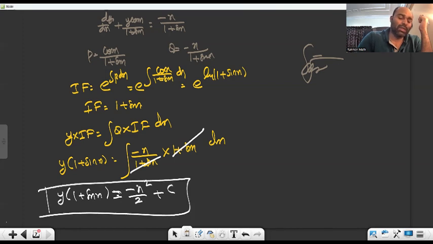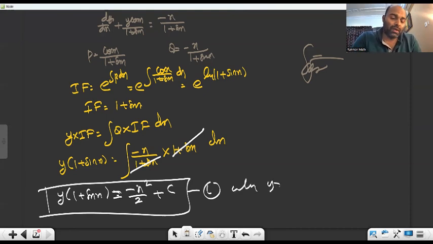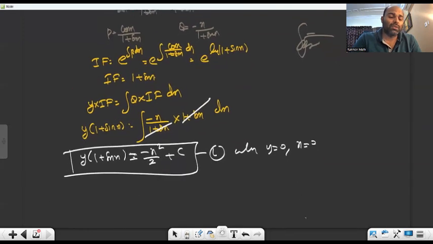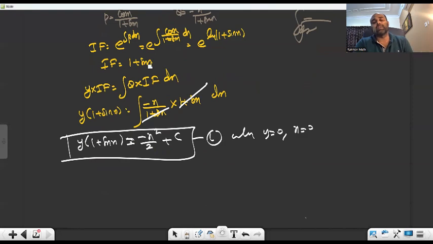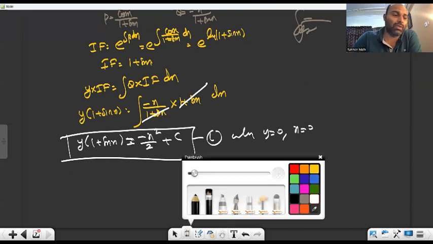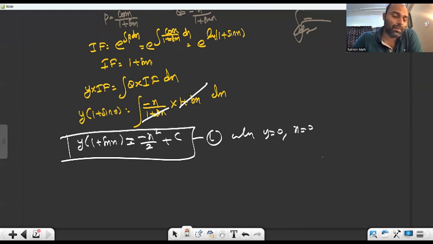This is the required general solution, but a condition is there: y is 1 where x is 0. I request everyone to still practice this today. Don't waste your time today and tomorrow. Maximize utilization whenever you are getting a holiday.